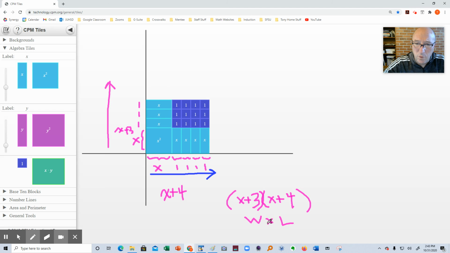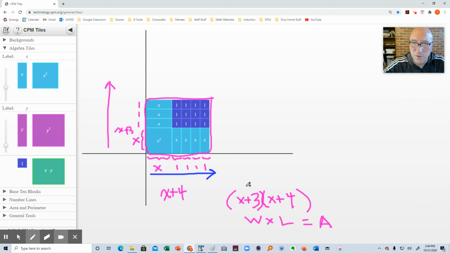And as you know, width times length is equal to area. And so x plus 3 multiplied by x plus 4 adds up to everything on the inside, which would be x squared plus 7x plus 12.